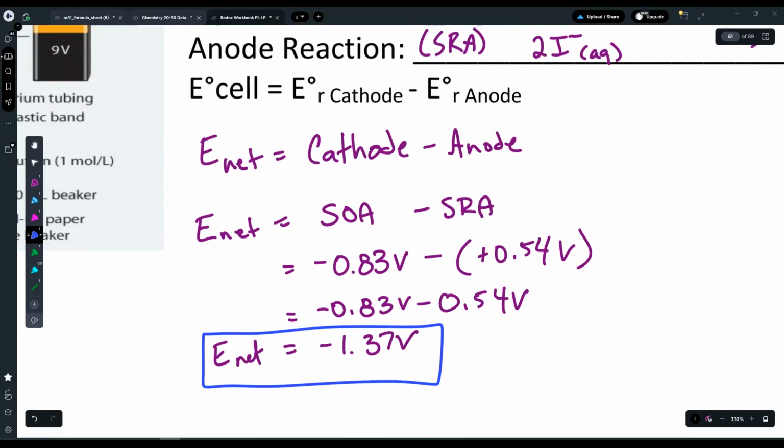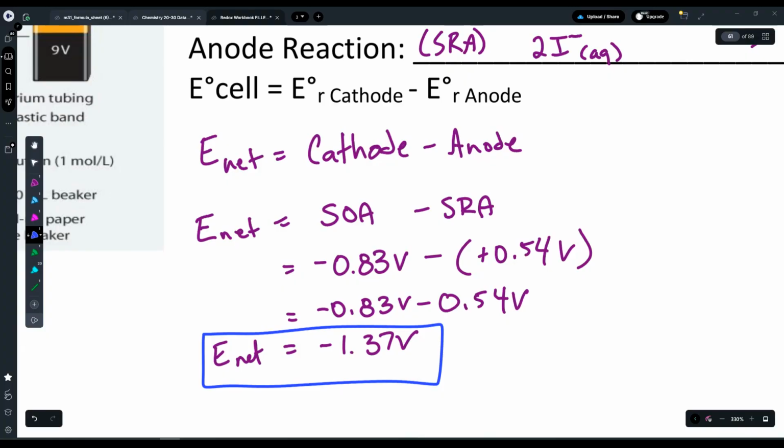Okay, so keep in mind, if you are using the formula, then you're directly plugging in the reduction potentials of both the SOA reaction and the SRA reaction.